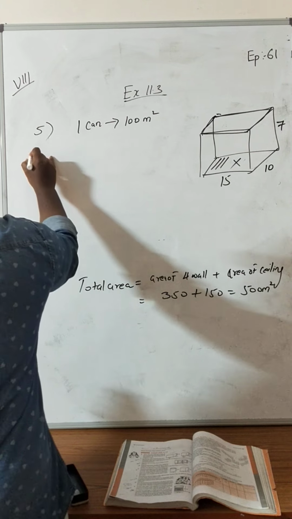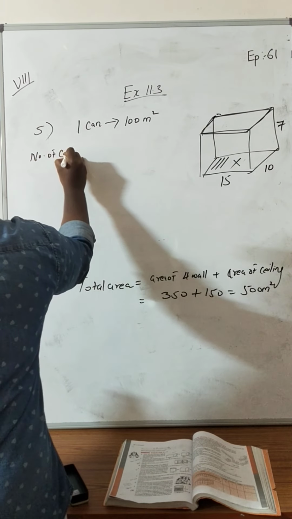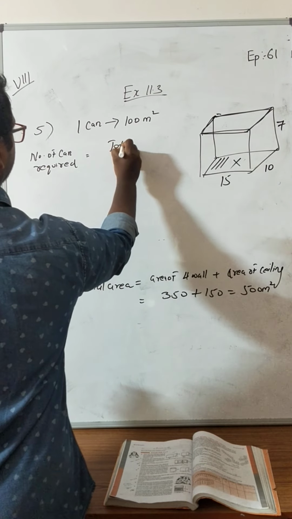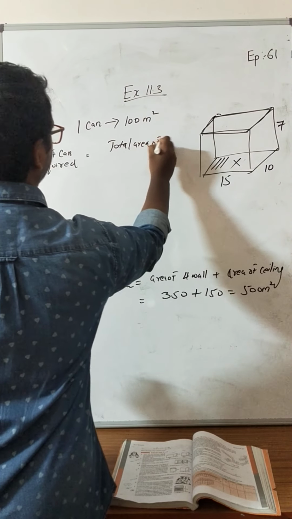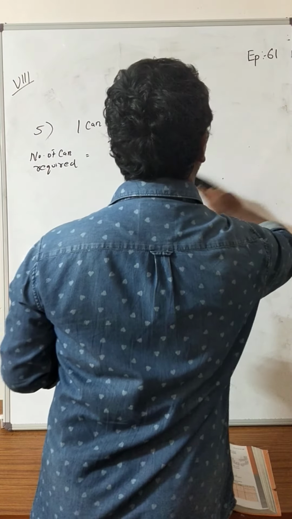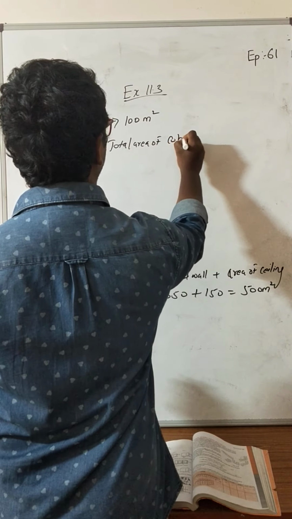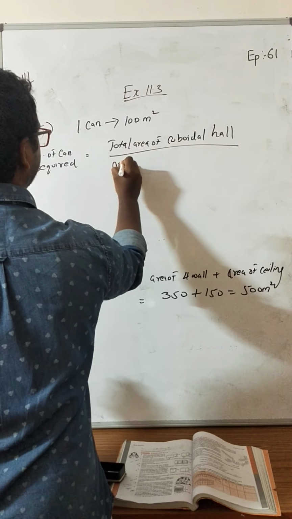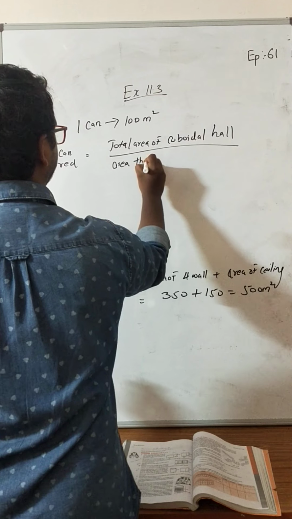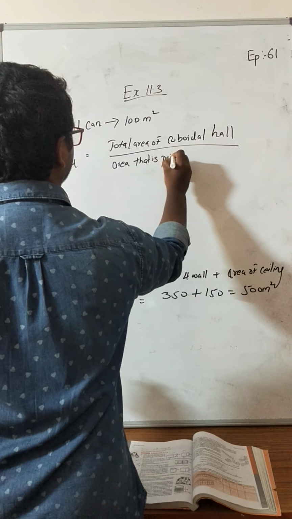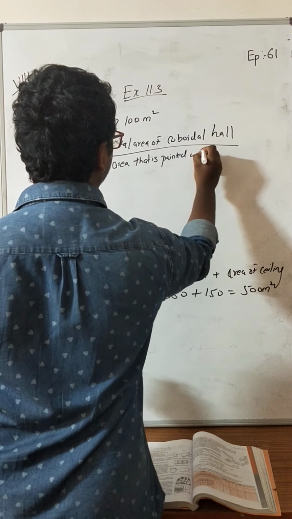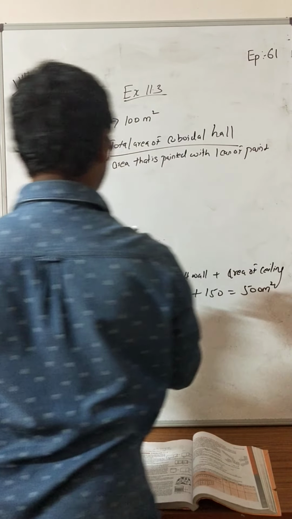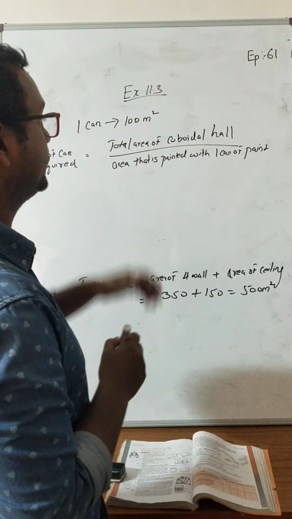The number of cans required is equal to the total area of the cuboidal hall divided by the area that is painted with 1 can of paint.